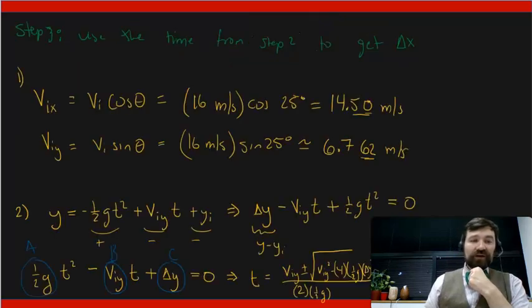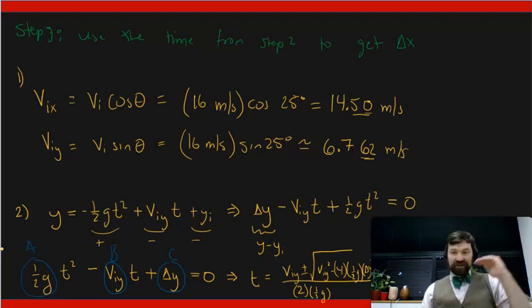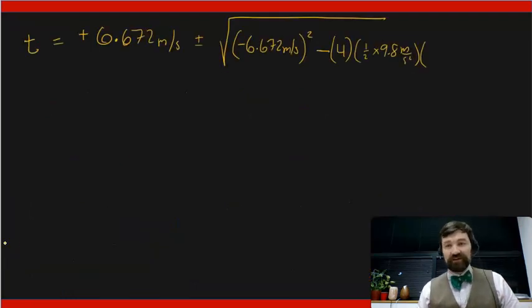And then my delta y, you'll notice that the delta y term is positive here, but I started at 65 and ended at 0. So my delta y is actually 0 minus 65, final minus initial. I'm lower at the end than I started. So this term actually is negative 65 meters.